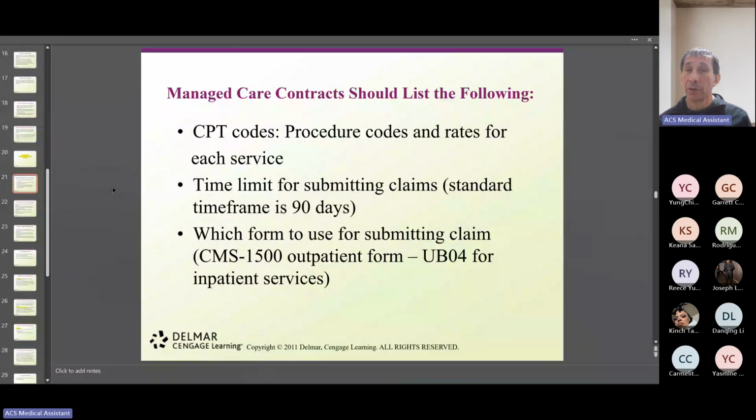So again, we're going to use those codes to complete the claim for reimbursement. This is what we're going to be sending to the insurance company so we can get paid. So instead of writing down EKG as the procedure, we're not going to do that. We're going to use a code that represents it, because these software applications do not interpret handwriting.